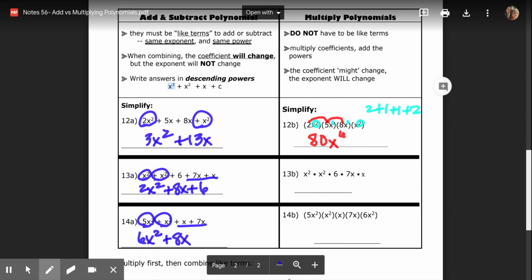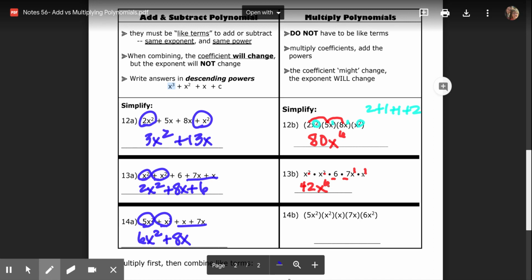All right, let's take a look at 12b. So we have 6 times 7 is 42. x to the 2 plus 2 is 4. Plus 1 is 5. Plus another one is 6. So that's another one. This, like 12b, is raised to the 6th power.